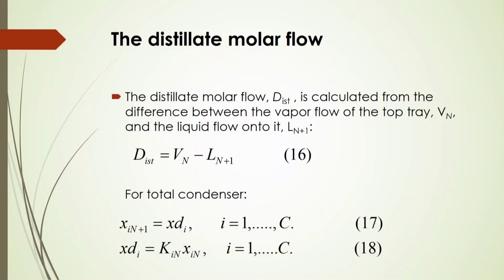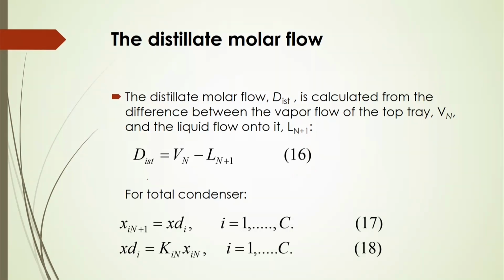And then you have to consider the distillate molar flow, which will be denoted by D. It is calculated from the difference between the vapor flow of the top tray, that is V_n, and the liquid flow onto it, that is denoted by L_(n+1).